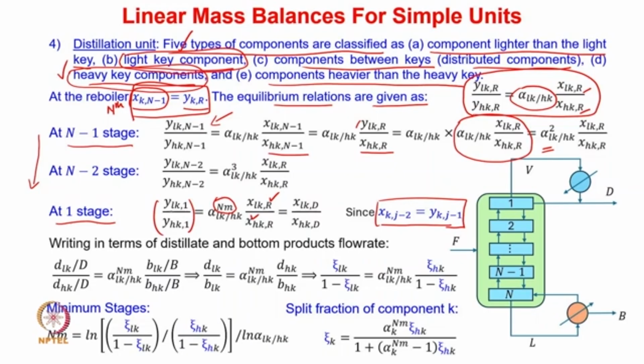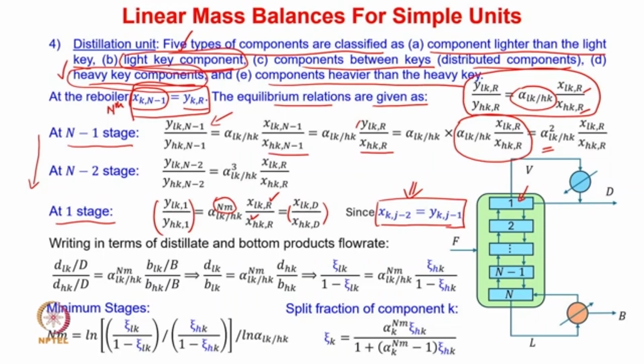So again y_lk,1 and y_hk,1, using this particular relation we can write y_lk,1 by y_hk,1 as x_lkD and x_hkD. So what we are saying is, at stage 1, remember, y_lk,1 is the vapor going out from stage 1, isn't it?